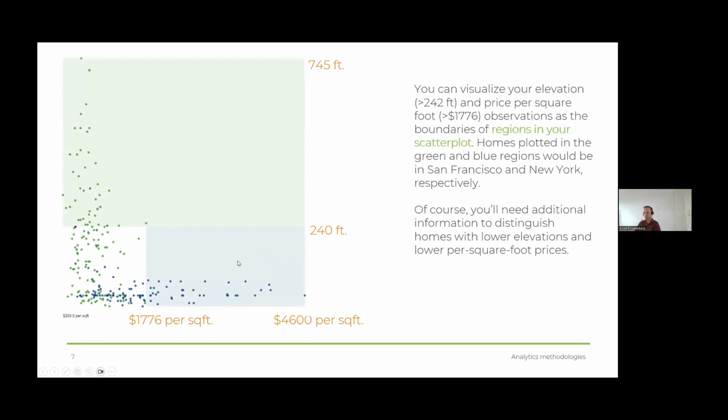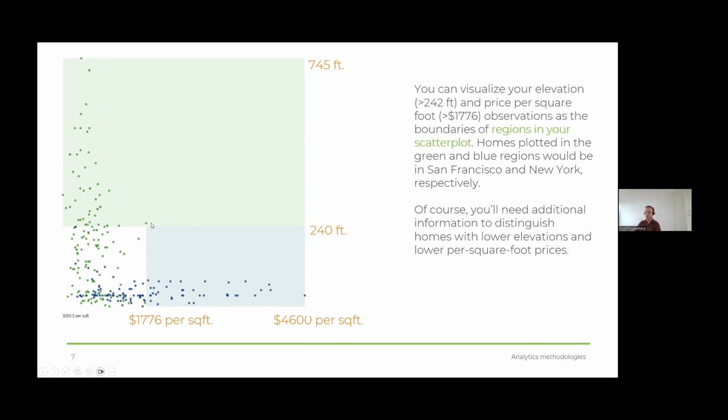If I use these split points, then every time a data point falls in this rectangle that is denoted by 0 to 240 feet and 1776 to $4,600 per square feet, we're going to classify it as a New York house.